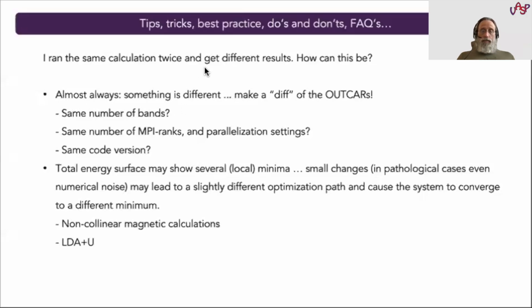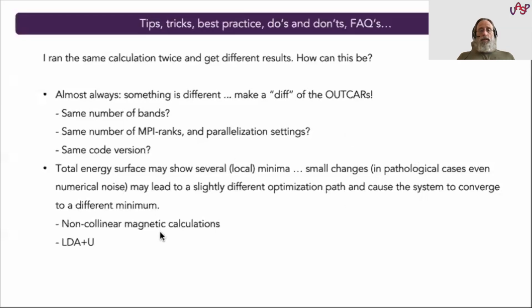That is the reason why you get different results. The total energy surface may show multiple minima, and in some pathological cases, even numerical noise may lead to a slightly different route that the optimizer takes, and you might end up in a slightly different minimum.